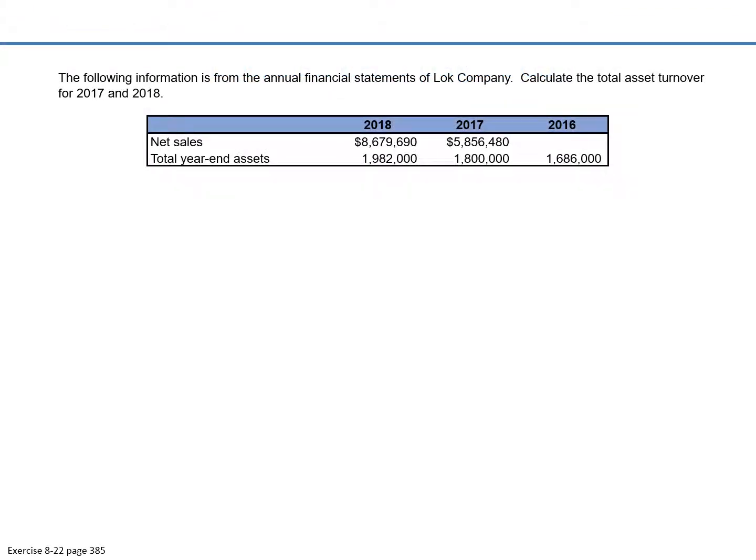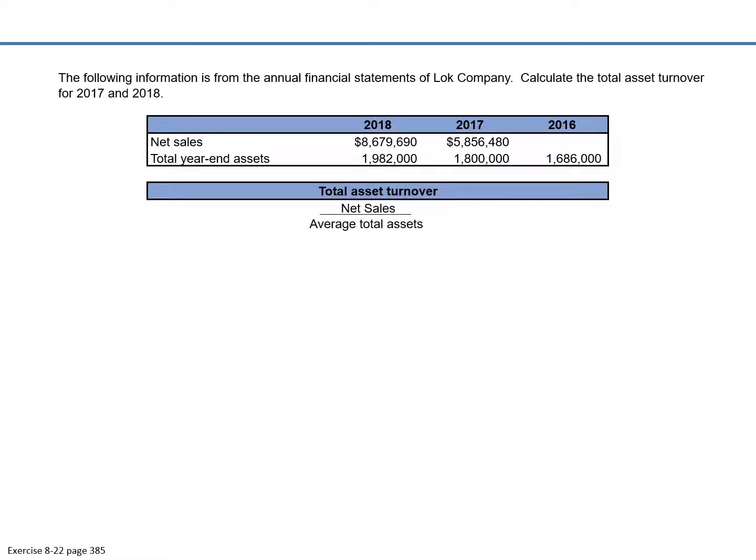All right, exercise 8-20. The following information is from the annual financial statements of Loke Company. Calculate the asset turnover for 2018 and 2017. Asset turnover is net sales divided by average total assets.